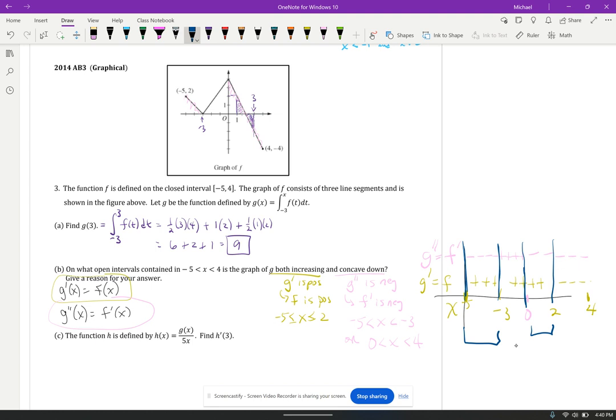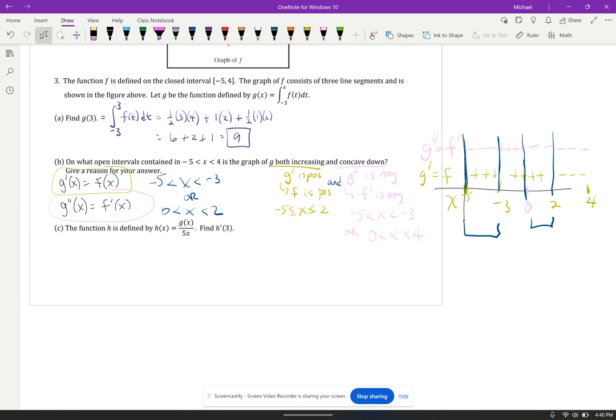So on intervals for x's that are between negative 5 and negative 3, or x's that are between 0 and 2. I think this is the appropriate wording that we would need to prove that.